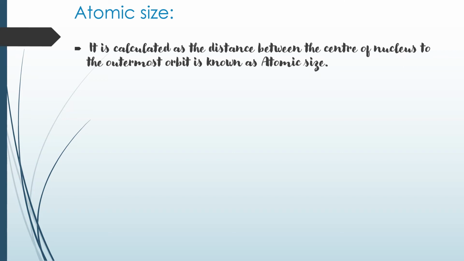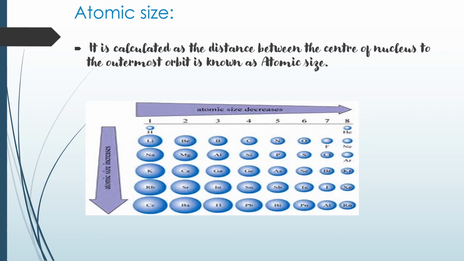This distance is halved, and that is the atomic size of the atom. This is the trend: the atomic size decreases on moving from left to right in a period, and the atomic size increases from top to bottom in a group. Now let's see how this trend comes.